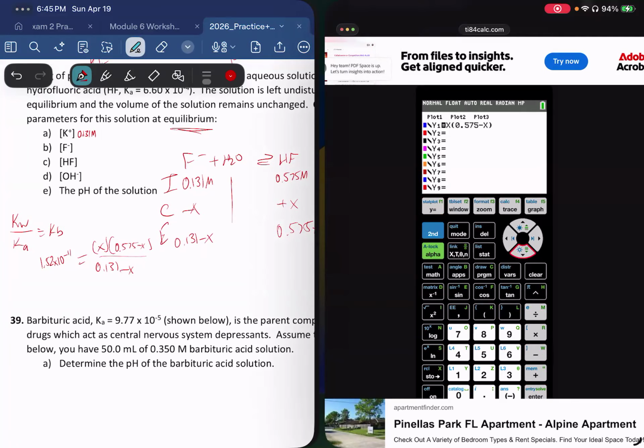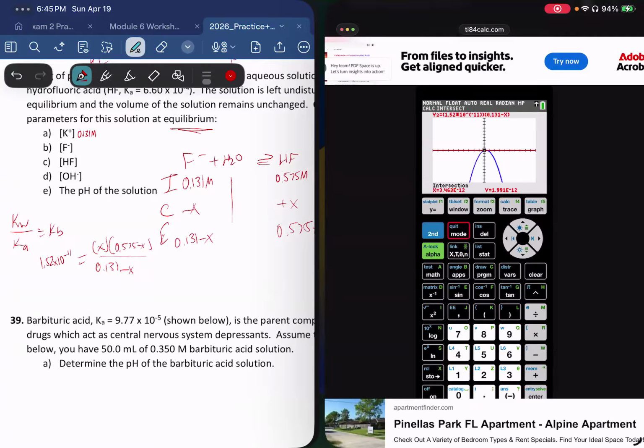And I always like to cross multiply, that's my thing. So 1.52 times 10 to the negative 11 times 0.131 minus X, close parentheses. And then you do second calc, intersect.